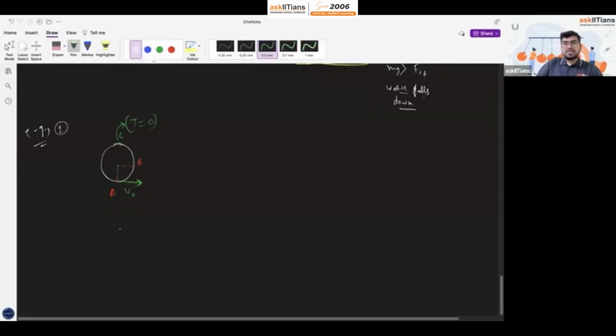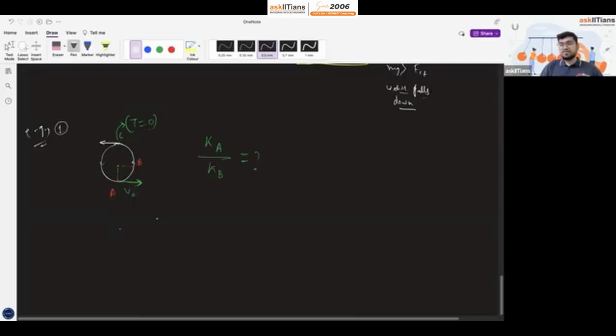Because of the decent speed present here, its centrifugal force will be just balancing its mg, so you won't need any help of tension to balance it. So it can continue, and it will make the circle complete. But the question is, they are asking you about the kinetic energy at point A divided by kinetic energy at point B, the ratio of the kinetic energies at A and B.